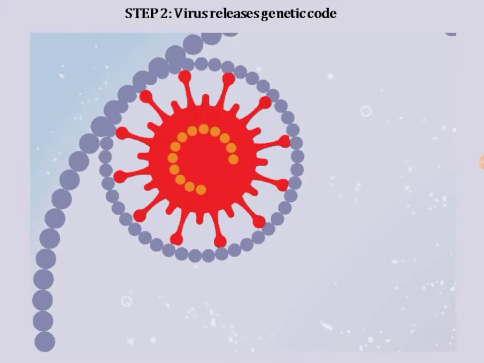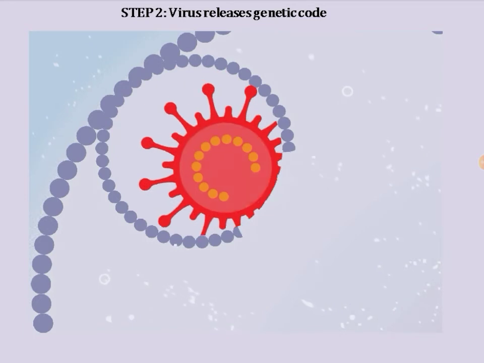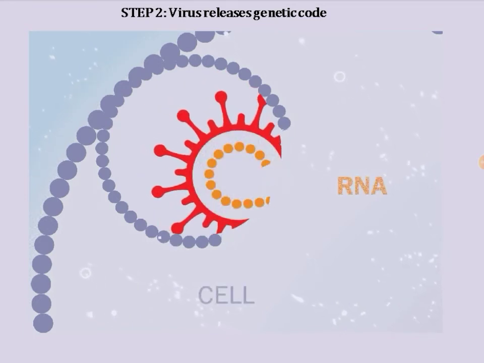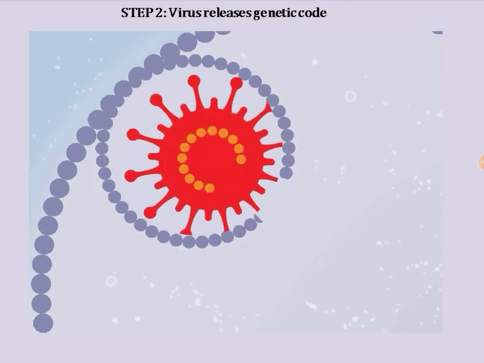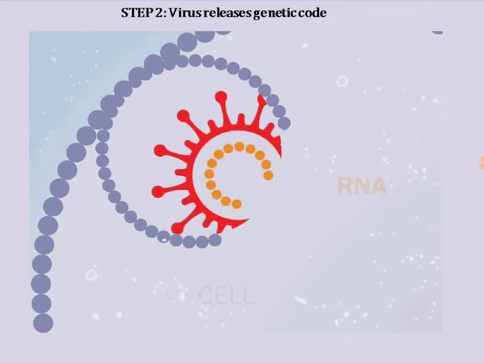Virus releases genetic code. The virus fuses with the cell and once inside releases a strand of RNA like a blueprint. RNA is a string of genetic code that has instructions to make exact copies of the virus.